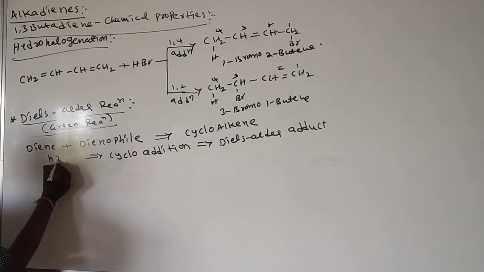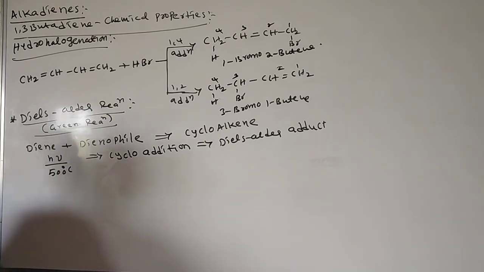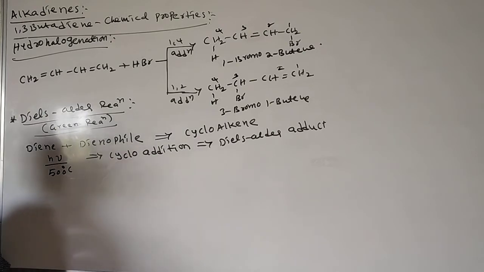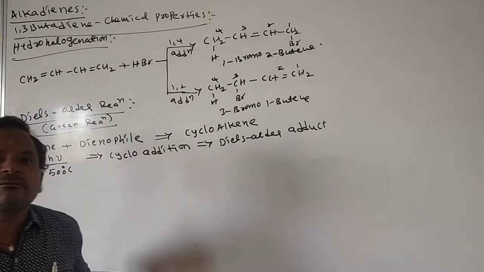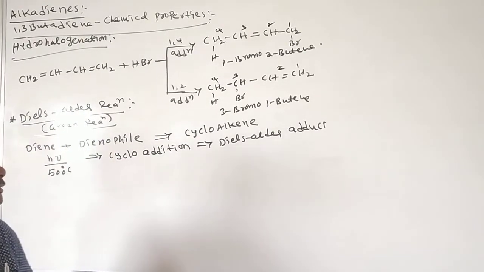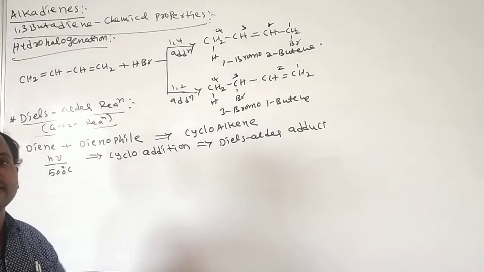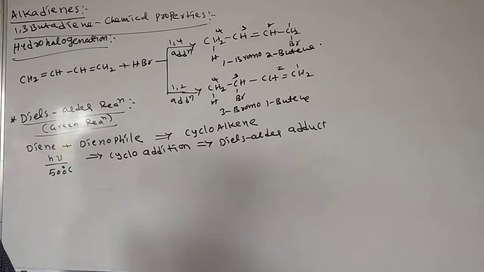It is observed in the presence of sunlight or at 500 degrees centigrade temperature. What is the meaning of dienophile? The molecule which likes to react with the diene, we call dienophile.